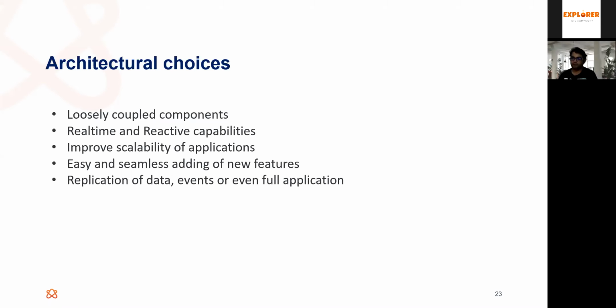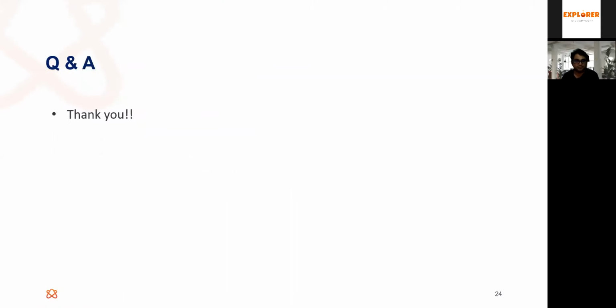We can go with replication or full replication of the application, or use this for the critical areas where we want data and events replicated. With that, I will conclude the presentation, and it is open for questions.